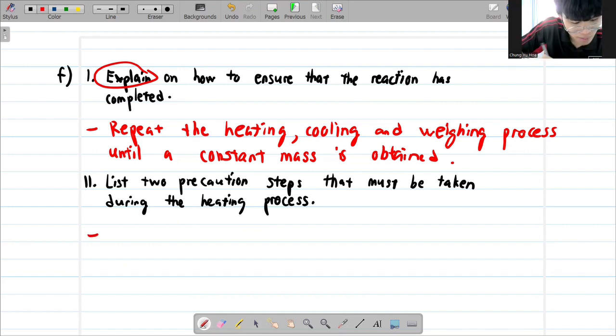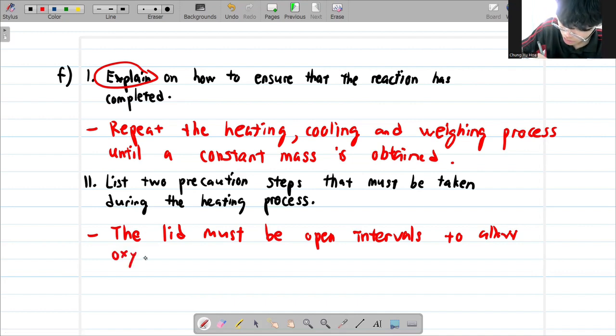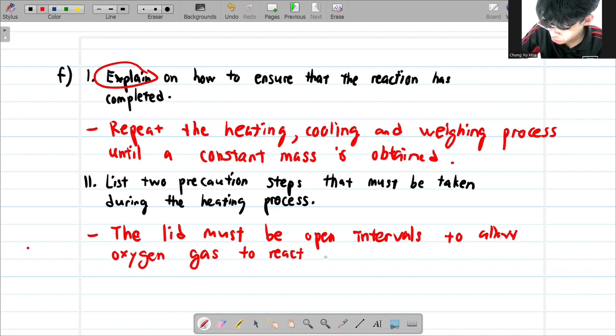So put it in words, it will be something like: the lid must be open at intervals to allow oxygen gas to react with your magnesium ribbon.